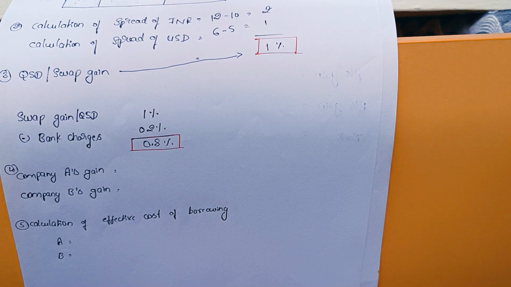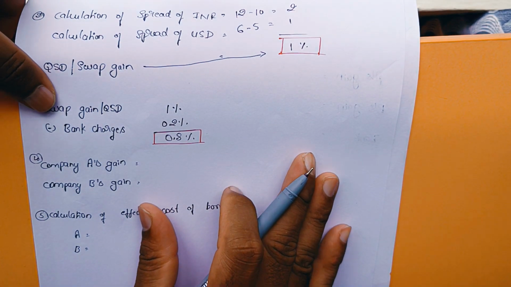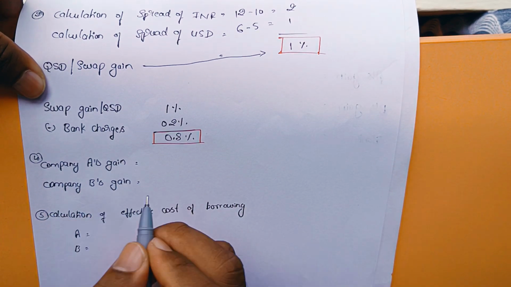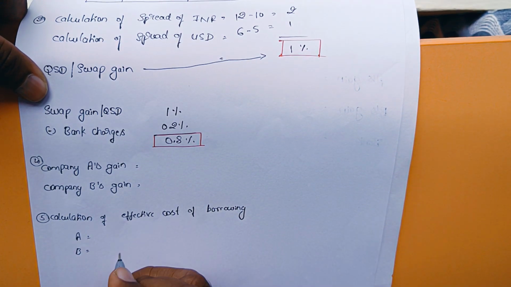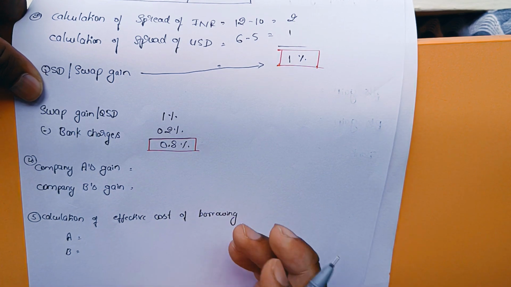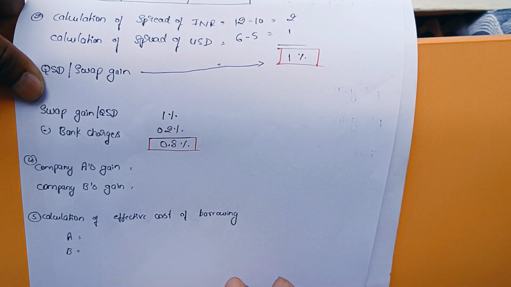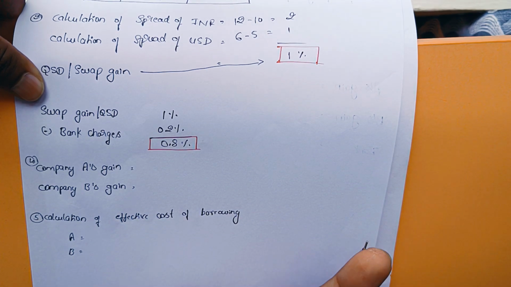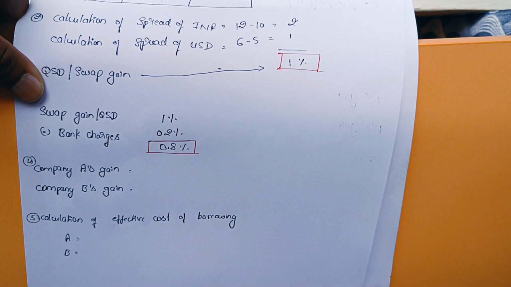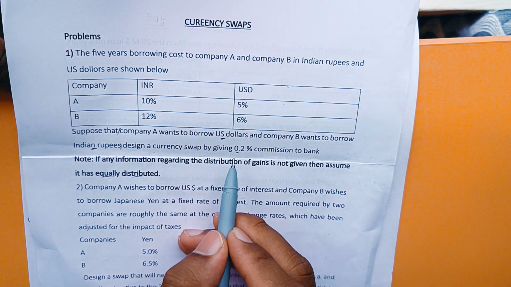Now we need to calculate what is the gain of company A, what is the gain of company B. To calculate that gain, we want a certain percentage, like 60% should be given to company A, 40% should be given to company B, or else equally distributed, whatever is given in the problem.